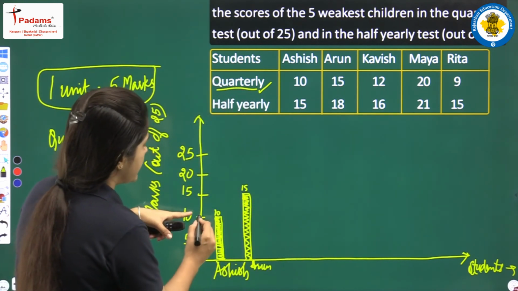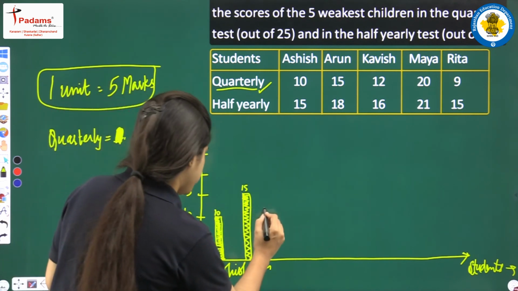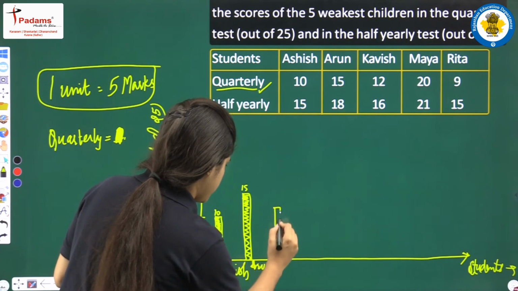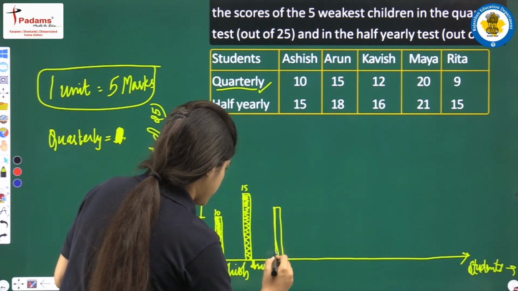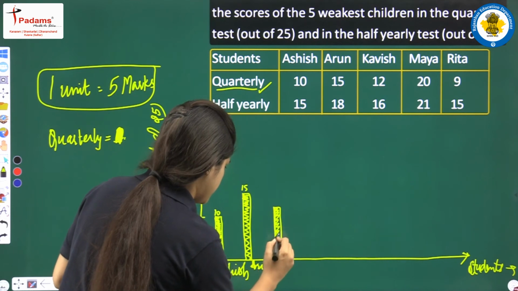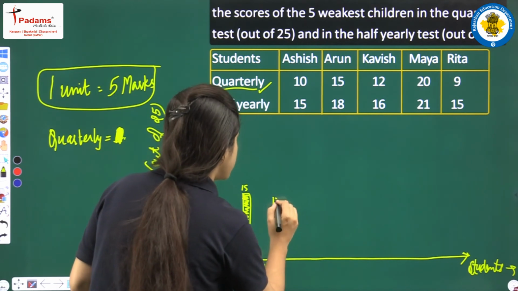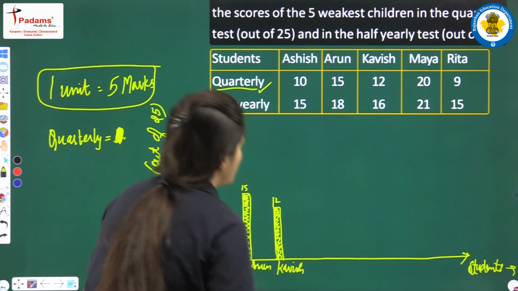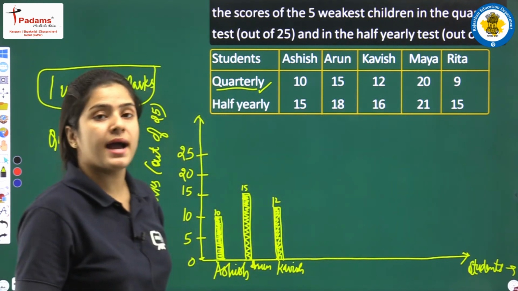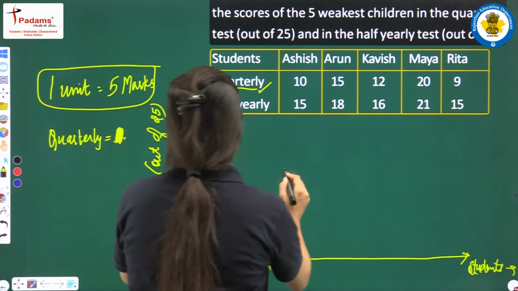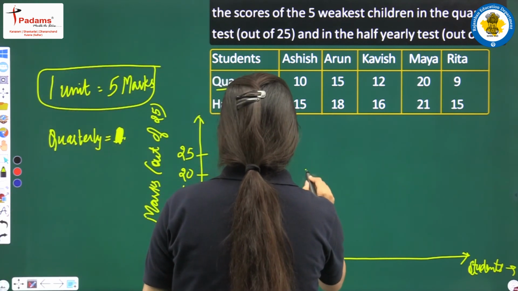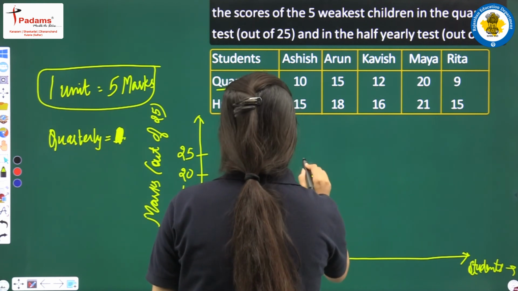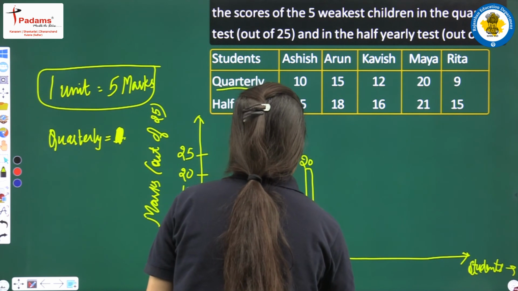12 marks is lying in between 10 and 15. Marks of Kavish. Now marks obtained by Maya is 20. Maya is getting 20 marks. Marks of Maya.